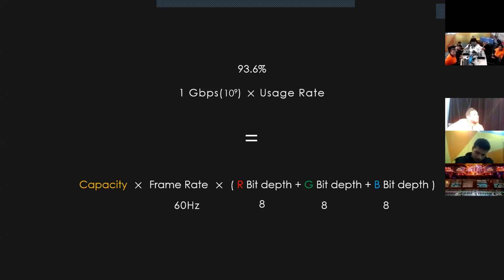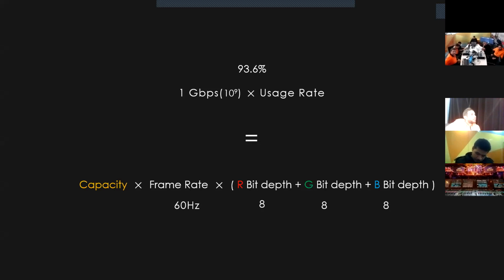So we need to do the math: the capacity times the frame rate times the R bit depth plus the G bit depth plus the B bit depth, that means the RGB color depth. We always use 8-bit or 10-bit.